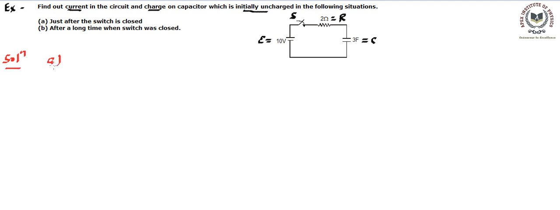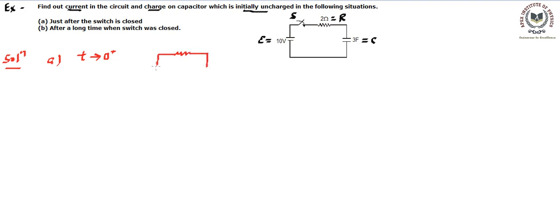So first part, just after, that means t is just 0 plus. If the switch is closed at t equal to 0, what happens just after? Now, just after, the capacitor is uncharged, so it will have no potential difference. Since it has no potential difference, the equivalent circuit will simply be a resistance and a battery, with no capacitor.